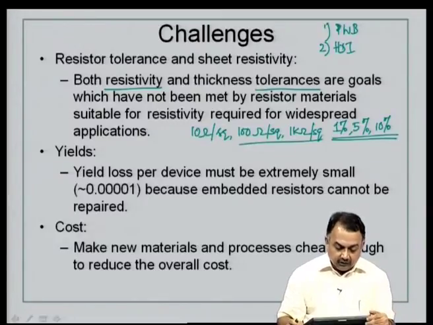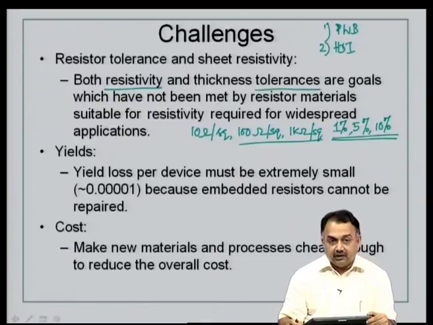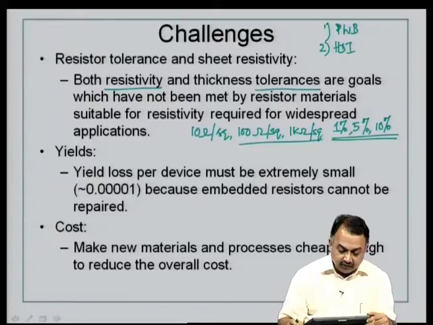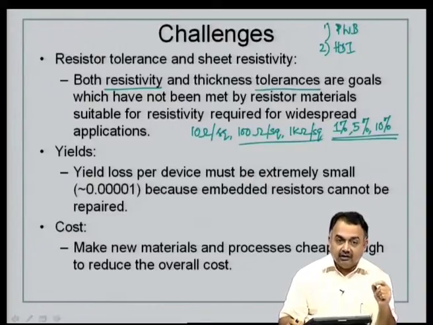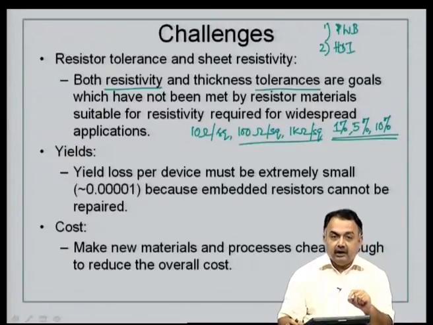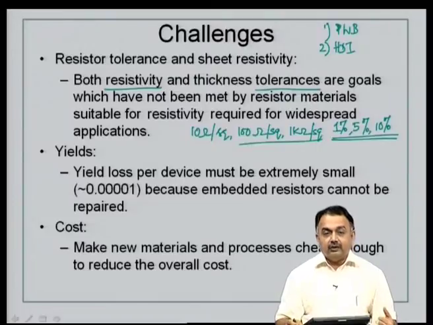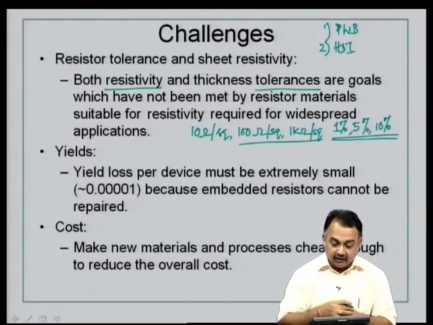So, in terms of challenge currently, as far as embedded resistors are concerned, these two are very important. Sheet resistivity in terms of choosing the right material and the process. Can you get a specific set of resistor values using polymer thick film? Can you get it by electroless plating?